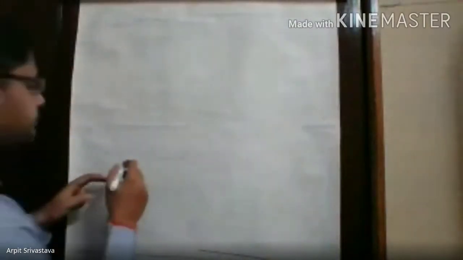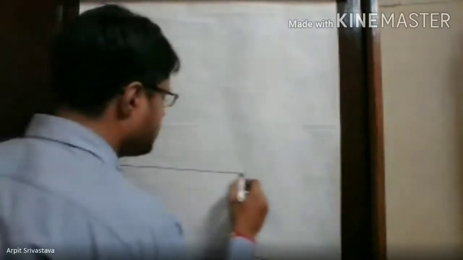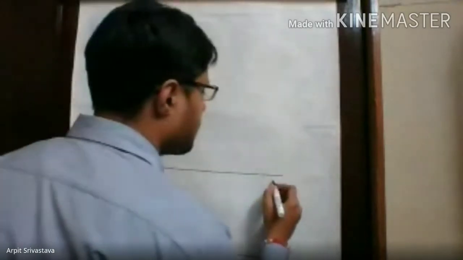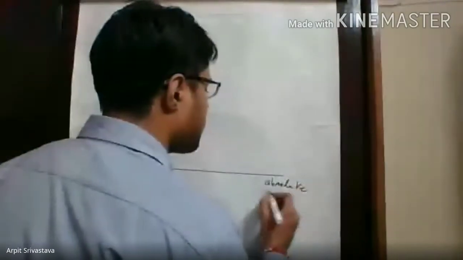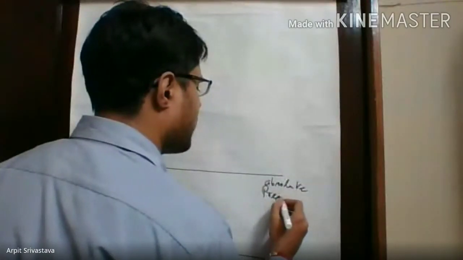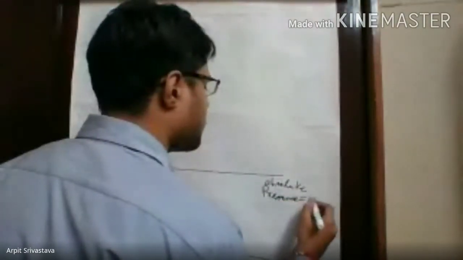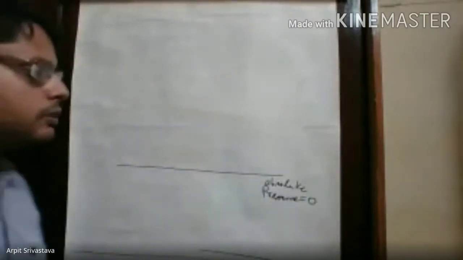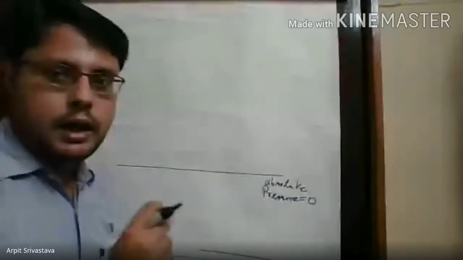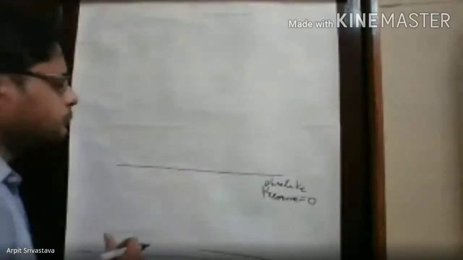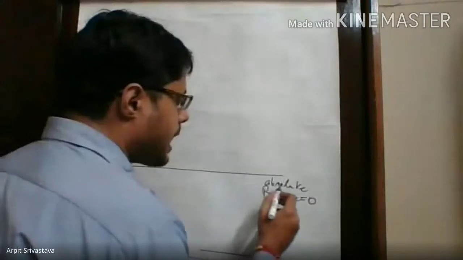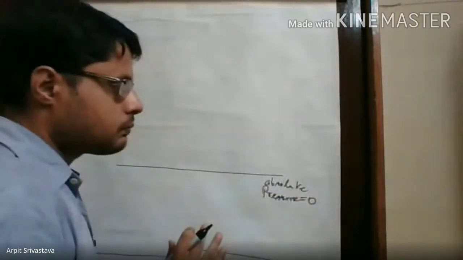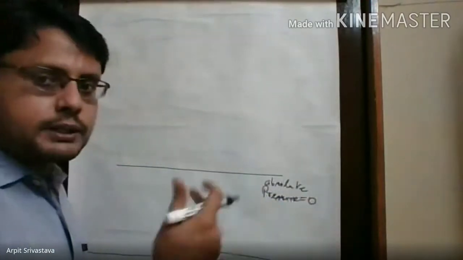Suppose this is the absolute pressure zero line. One by one, I will explain all types of pressure. Firstly, just assume that at this line, absolute pressure is zero. Later on, I will define what absolute pressure is.